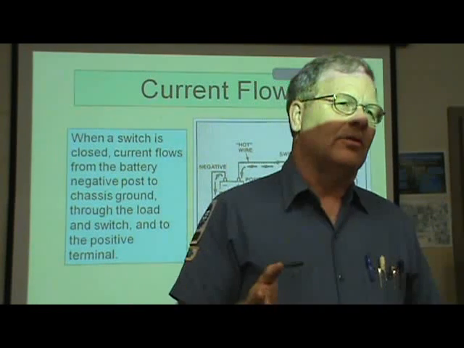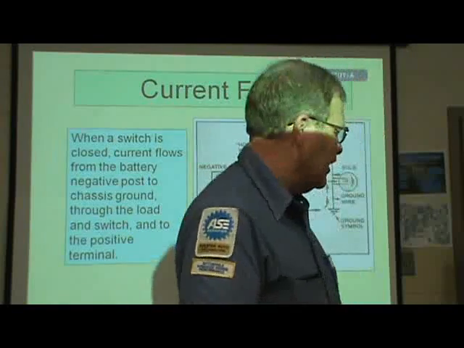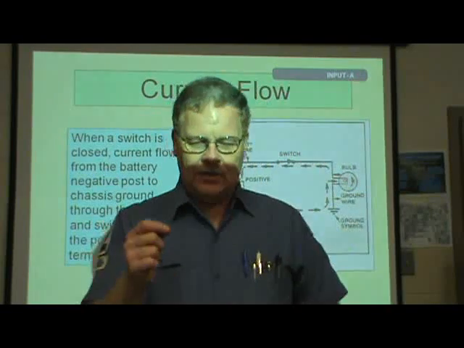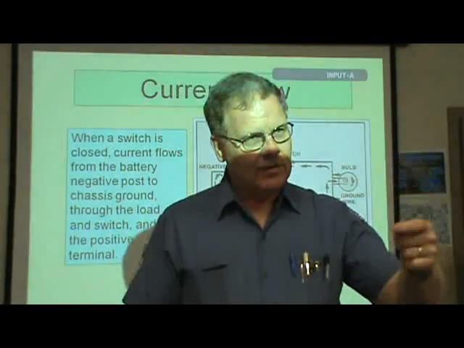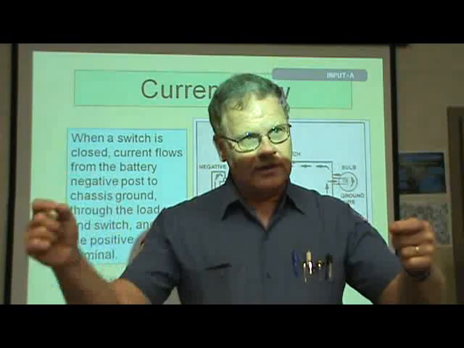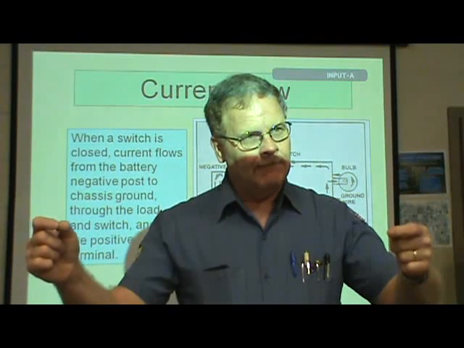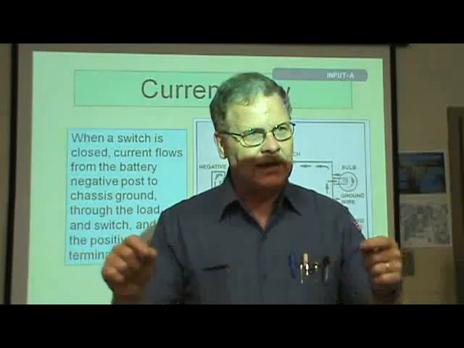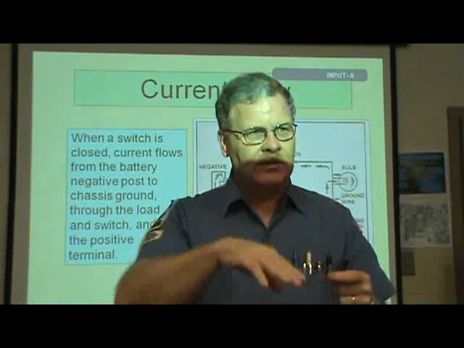But what you're basically going to do when you're measuring voltage drop is take your meter and go from the positive battery post to whatever it is that's being fed. Whatever is connected to that, I don't care what it is, because there's going to be a bunch of different connections in between.